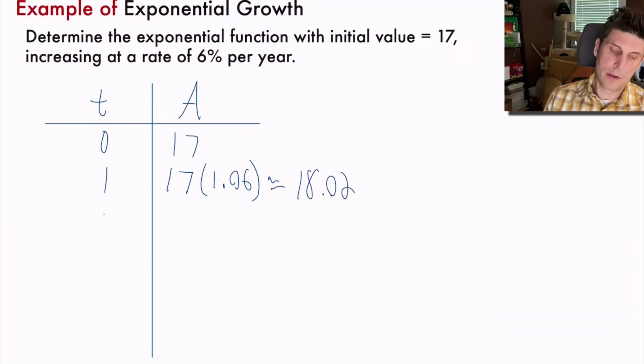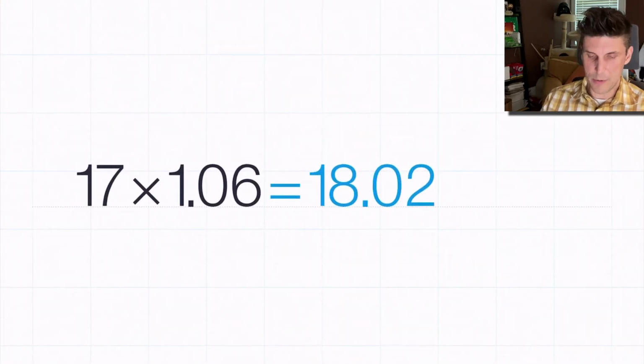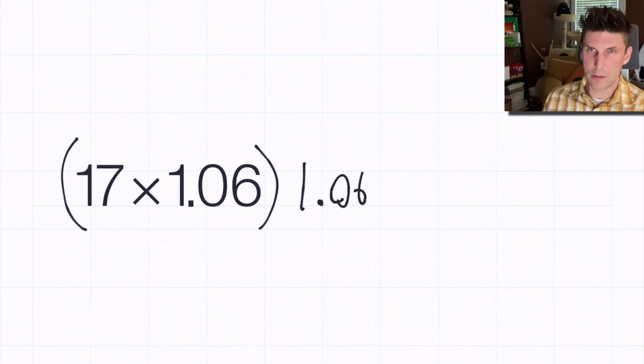Cool. And then the next year, you're going to take that last amount and then you're going to do another 6% on top of that, right? So I would just come over here, and I'm going to multiply this number right here by another 1.06, right? That would make sense.